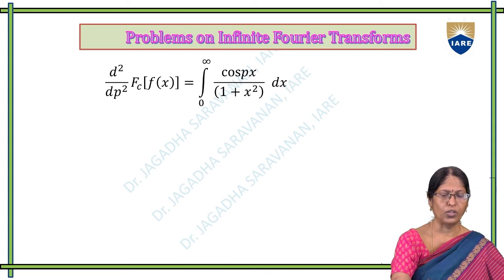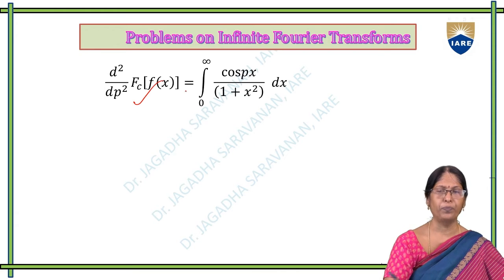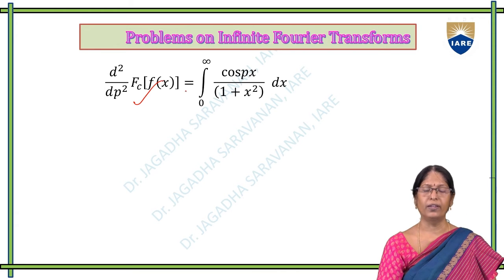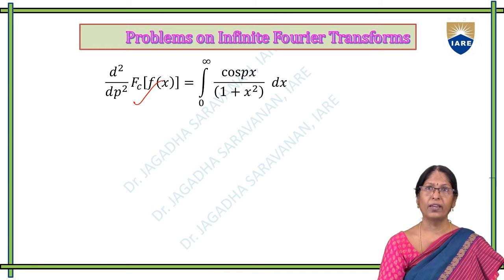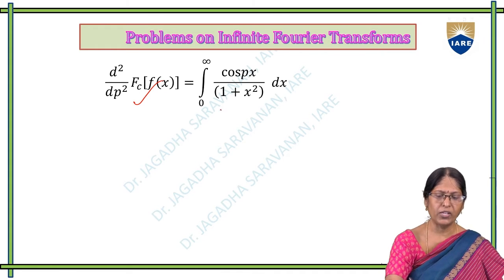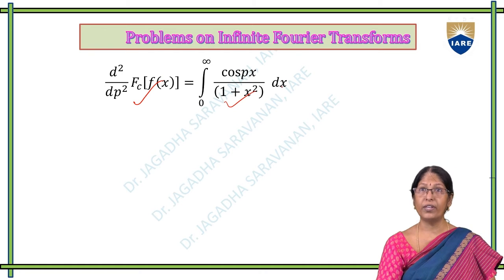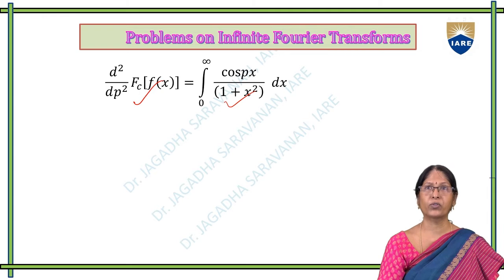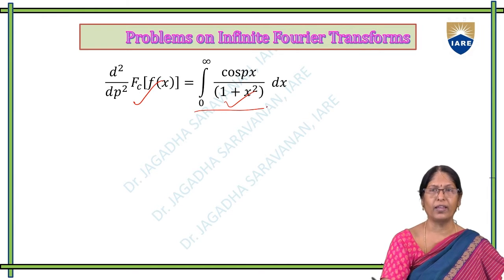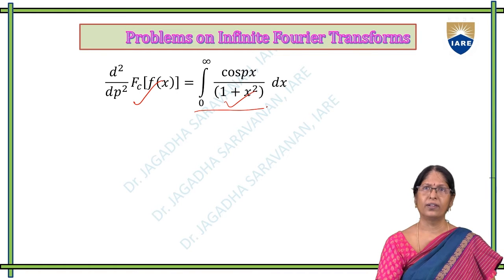Now, so the 2 times derivative d square by dp square fc of f of x equal to integral 0 to infinity cos px by 1 plus x square dx. So the complete thing, it's nothing but the starting.